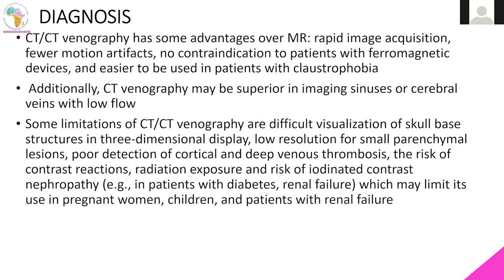Some limitations of CT and CT venography are difficult visualization of the skull-based structures in three-dimensional display, low resolution for small parenchymal lesions, poor detection of cortical and deep venous thrombosis, the risk of contrast reactions, radiation exposure, and risk of iodinated contrast nephropathy, which may limit its use in pregnant women, children, and patients with renal failure.